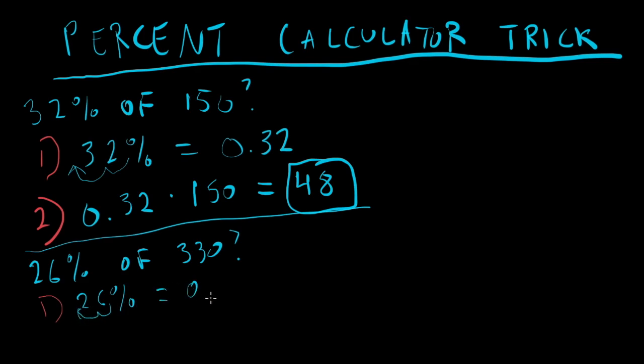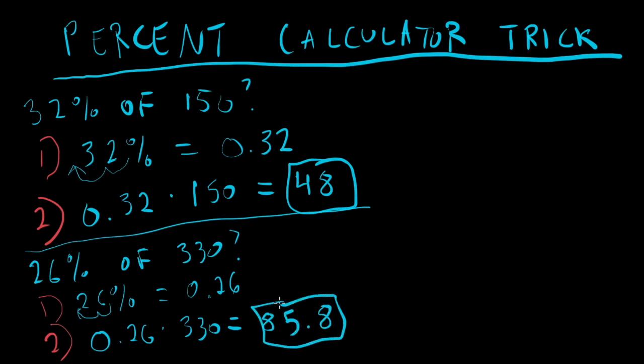So that's going to equal 0.26. And then our second step was to multiply that, 0.26 times 330, and that gives us 85.8.